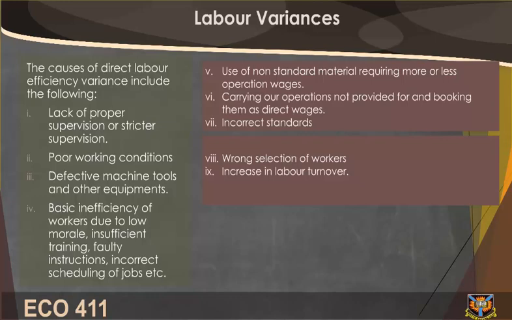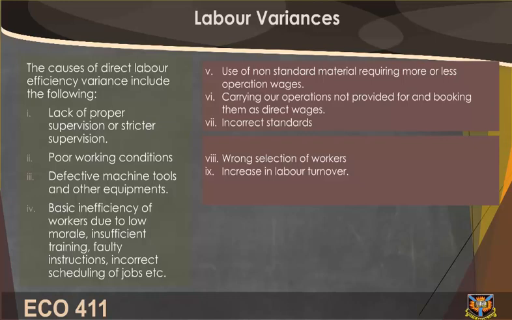The causes of direct labor efficiency variance include the following: lack of proper supervision or stricter supervision, poor working conditions, defective machine tools and other equipment, basic inefficiency of workers due to low morale, insufficient training, faulty instructions, incorrect scheduling of jobs, and so on.